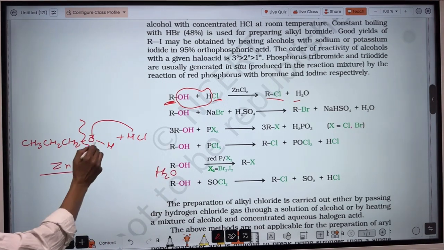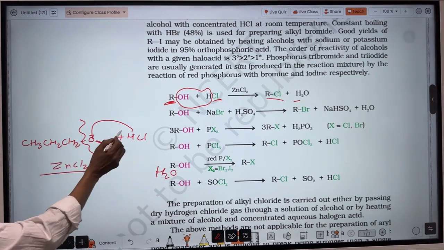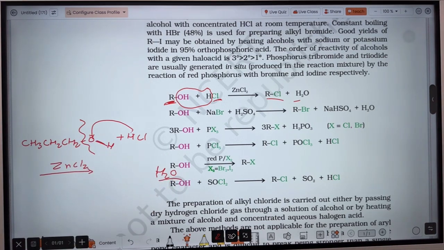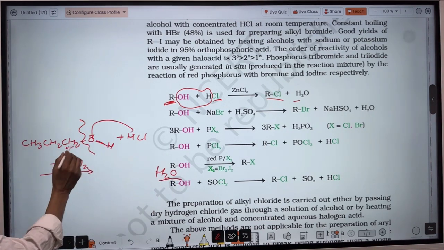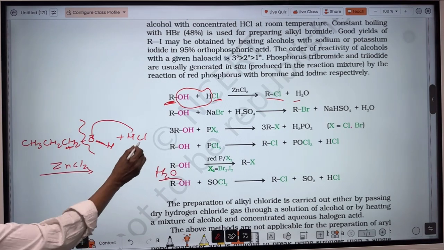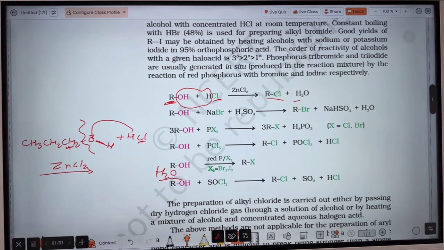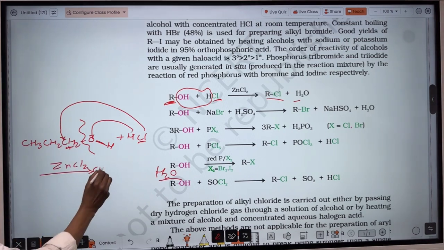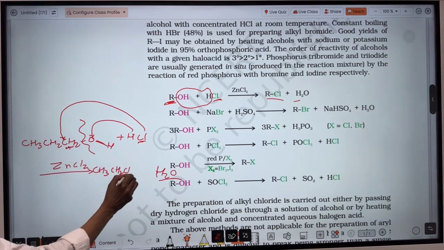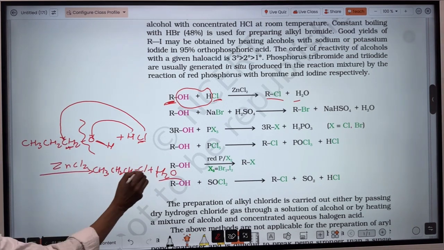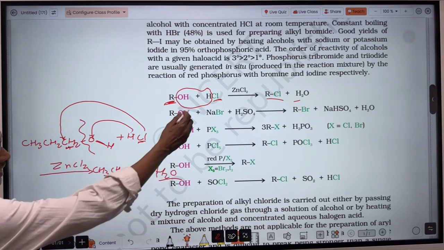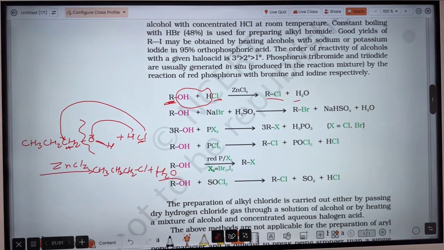One oxygen-hydrogen was already there, so 2 hydrogen and 1 oxygen combined here, which will become H2O. So the valency of this carbon atom becomes destabilized, and that of this chlorine will also become destabilized. So this chlorine will get bonded to this carbon, so the compound will become this one. So chloropropane here, and in the same way it will take place here.